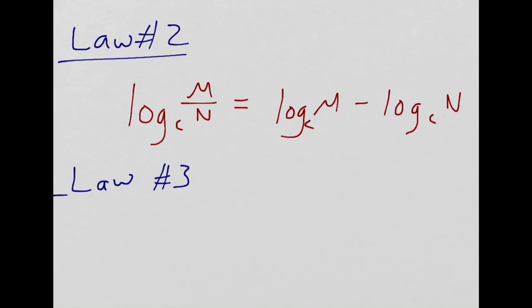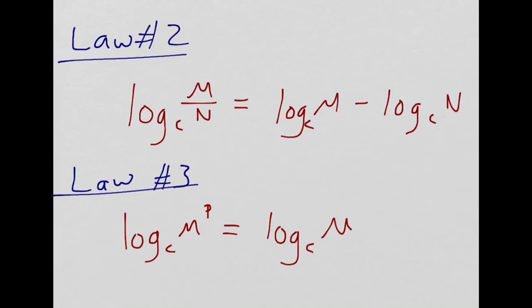And then the third law, which is probably the least intuitive one, but I would argue one of the most useful ones, is whenever you have a logarithm with an argument that has an exponent, okay, this p up in your exponent, that can become the coefficient of the entire logarithm.